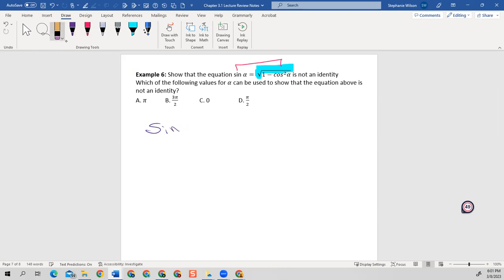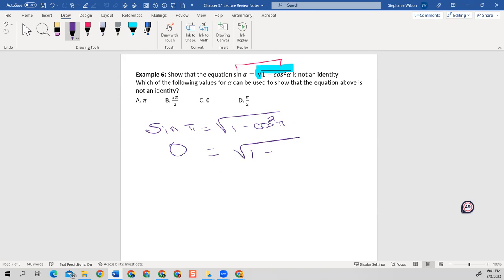So in the place of alpha, what am I putting? I'm going to put pi. Is that equal to 1 minus, and there's more than one way, again, to do this. So what is sine pi? It's 0.